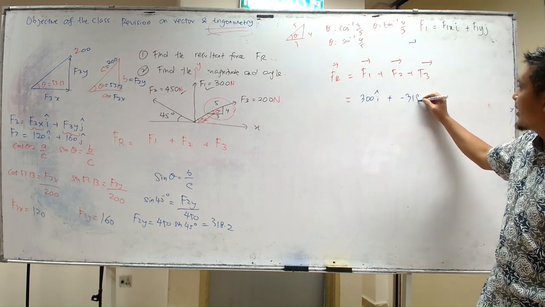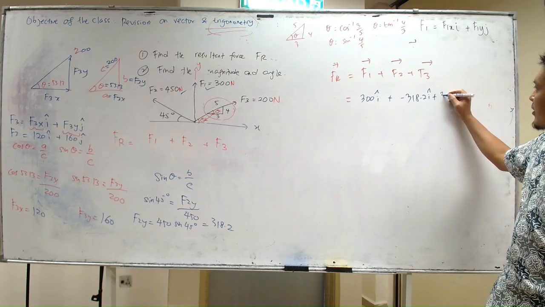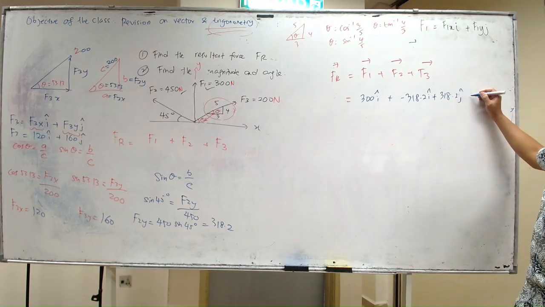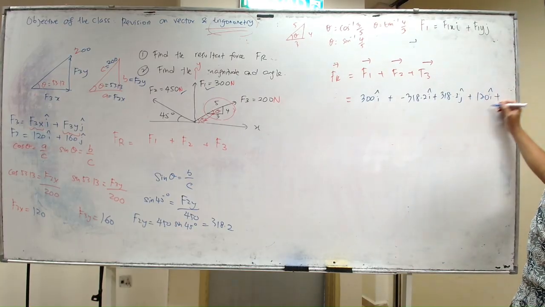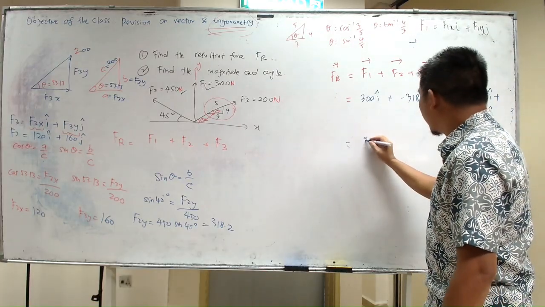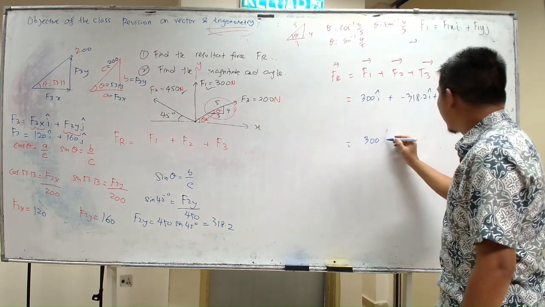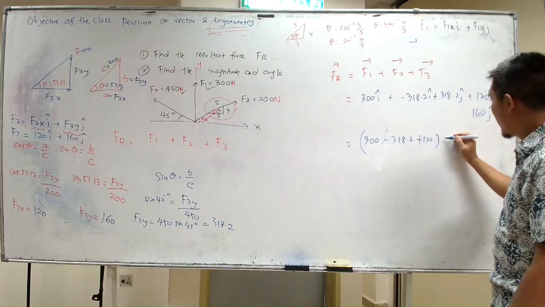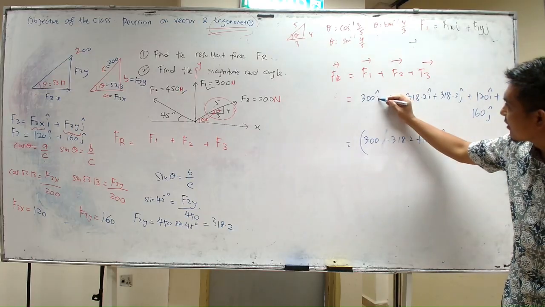Negative 318.2 I plus 318.2 J. And this is F2, and F3 is plus 160. Okay. And then if we combine them together, we get 300 minus 318.2 plus 120 I. Sorry, J, yeah. The J.